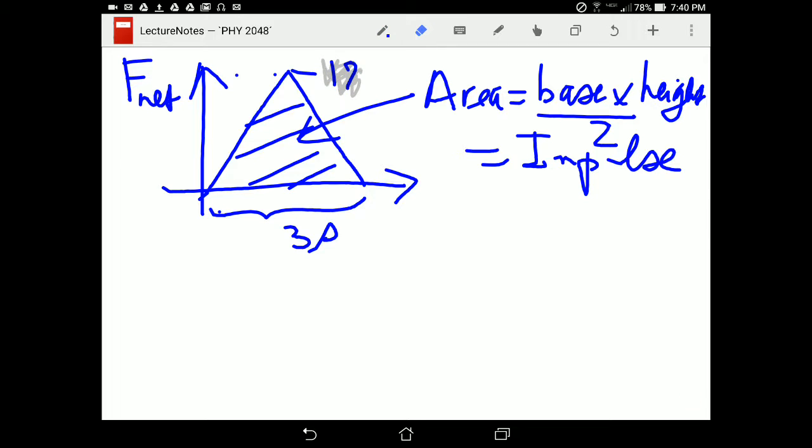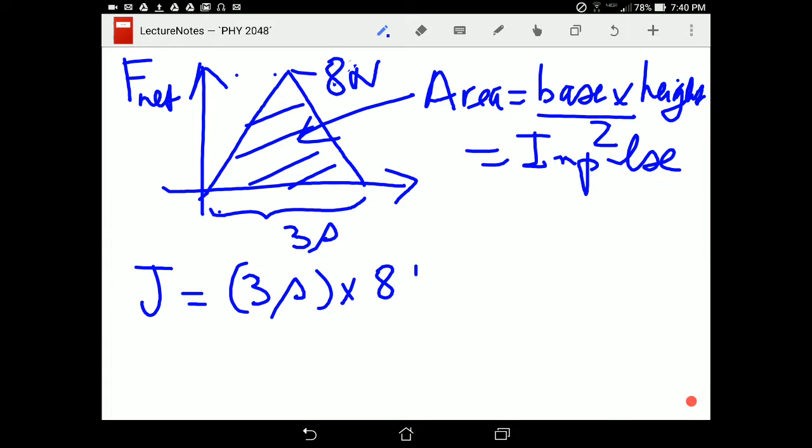So let's assume this is 8 newtons. And we ask for the impulse. The impulse in this case, J, would be 3 seconds, that's the base, multiplied by 8 newtons, that's the maximum value, divided by 2, and we end up with 12.